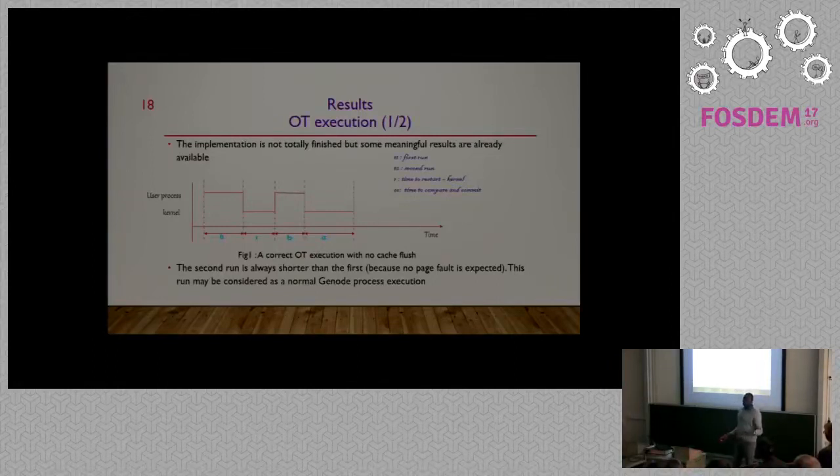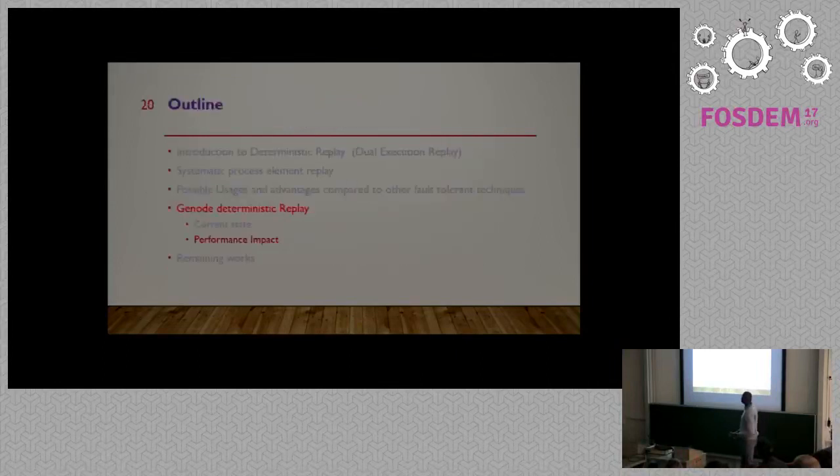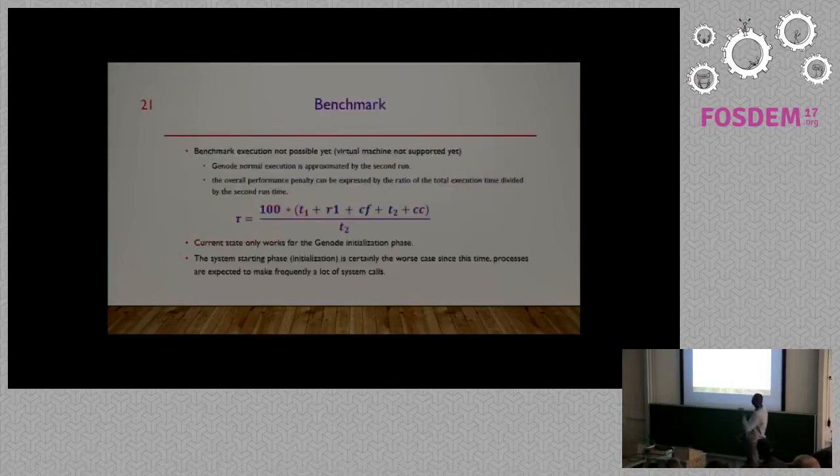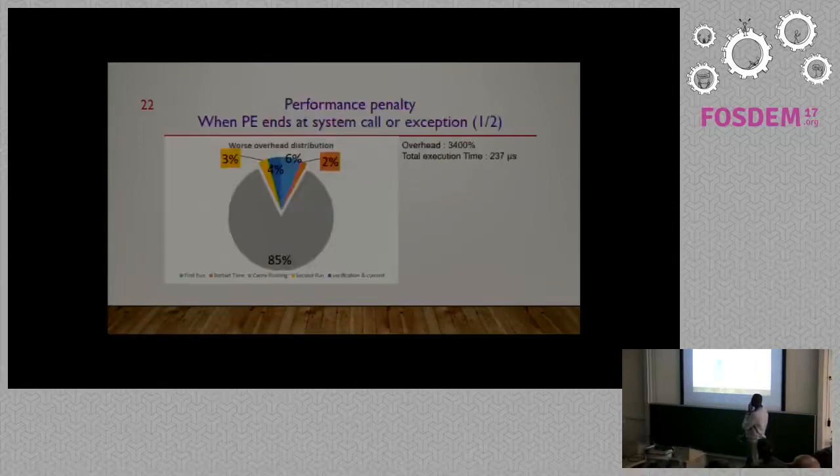Since the second run is executed without any page faults, it may be considered as the normal Genode execution. So we take the overall time spent doing the two executions, and we divide it by the second execution time to find an approximation of the performance penalty that we have with this kind of system. That is the simplest formula we use.